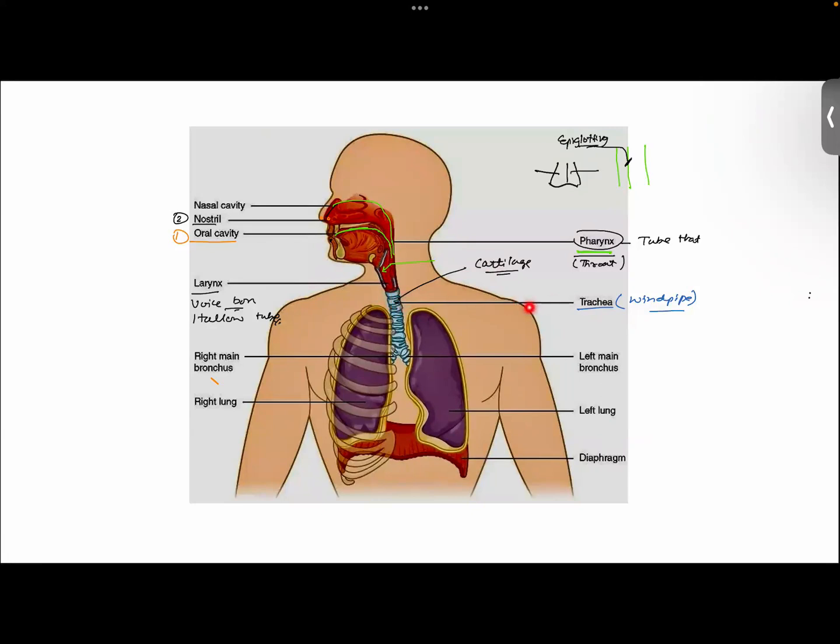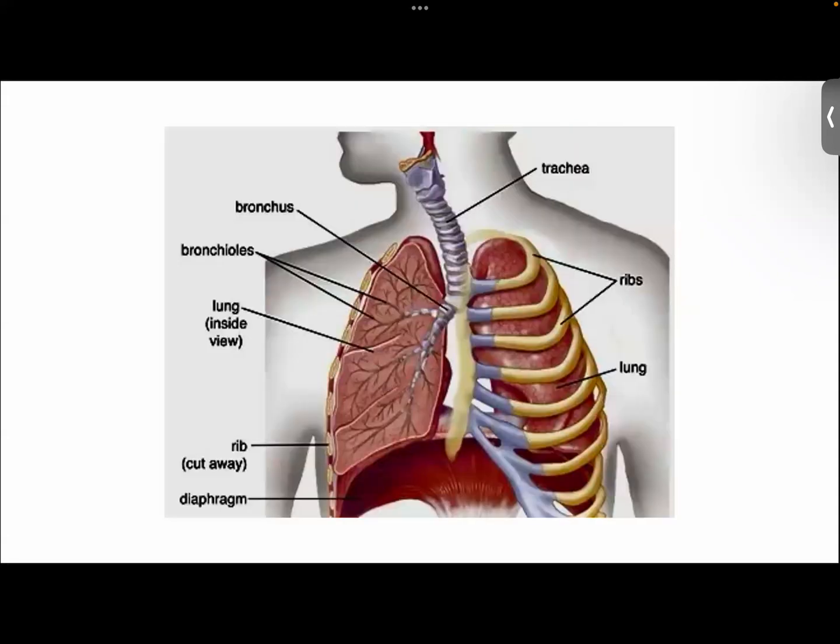So thereby the trachea does not collapse or constrict. Getting it now? Yes, sir. So that is about the trachea. It is the tube that is connecting the throat to the lungs, right? Or also we can say the trachea transports the air to the lungs.